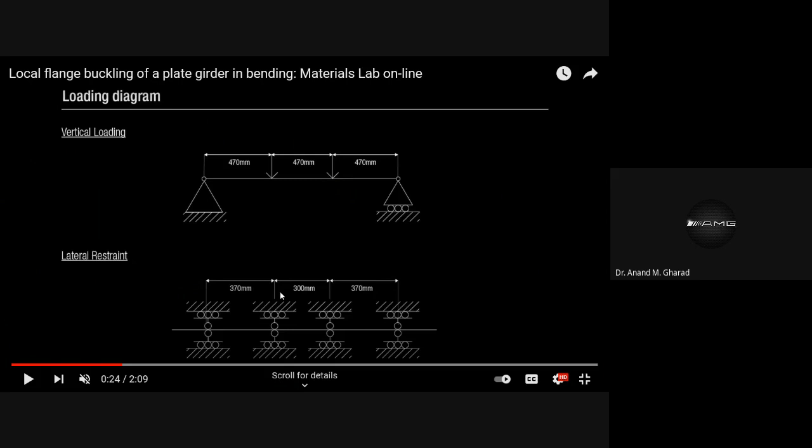So if I want to define bending, actually bending is nothing but that deformation of any member which is in the direction of the loading applied on that member. Don't you feel so? Let's say, for example, a simply supported beam carrying uniformly distributed load.